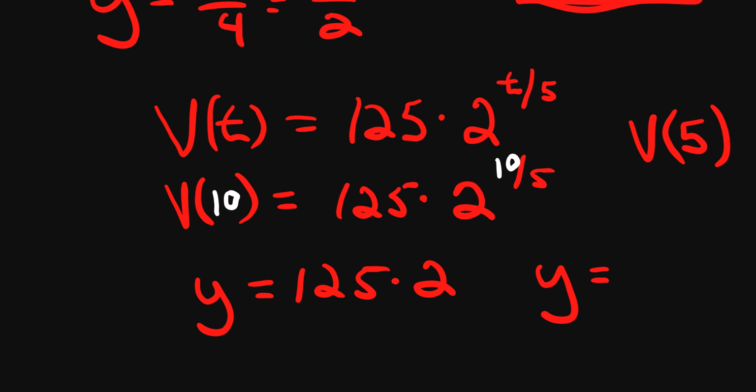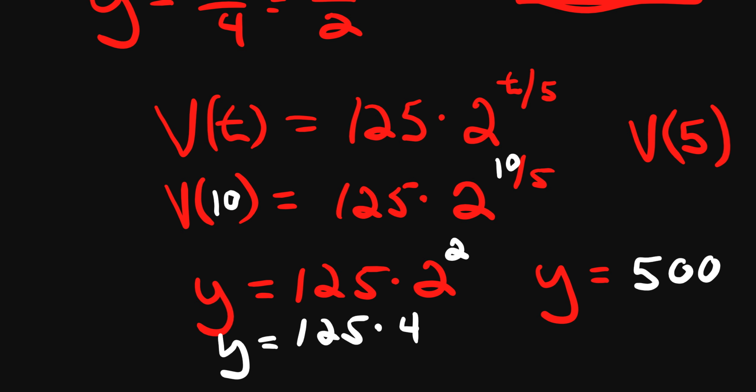So it's going to be 125 times 2 to the 10 divided by 5 is 2. Okay, so that means that's going to be 2 to the second power. So therefore, y is going to equal 125 times 4. And 4 times 125 gives you 500. And just as the problem was describing, it's going to double for every 5 years. Okay, so there's our example of another function notation. Let's see what else they have for us here.